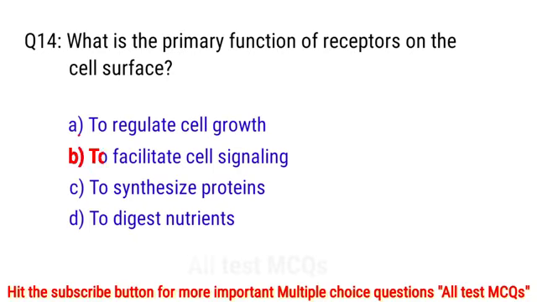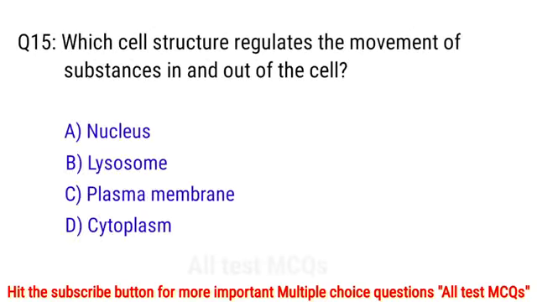The right answer is option B, to facilitate cell signaling. Question number 15. Which cell structure regulates the movement of substances in and out of the cell? The right answer is option C, plasma membrane.